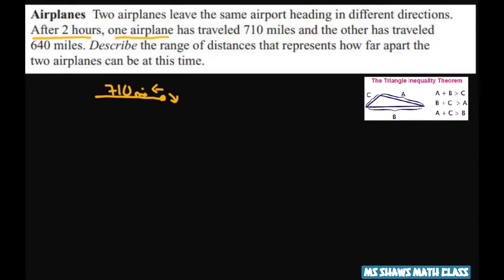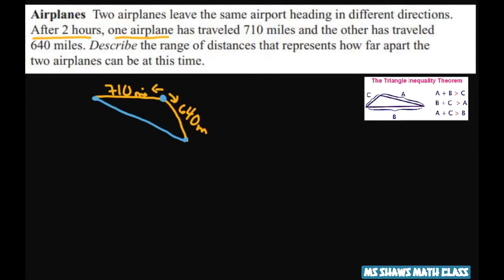And let's say the other one has traveled 640 miles. And they want the range of how far the planes could be apart. This is just a makeshift drawing, not drawn to scale or anything.